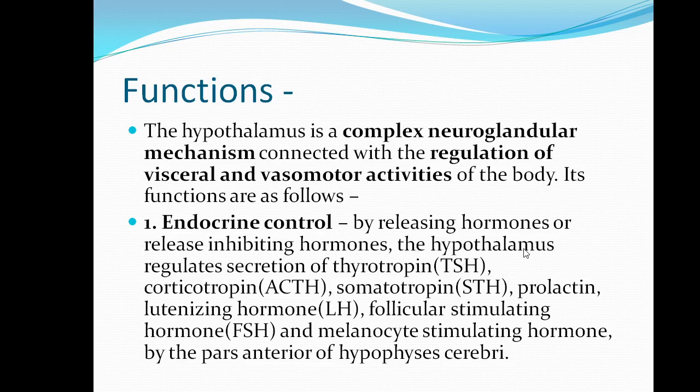The hypothalamus regulates secretions of the thyrotropin, that is the TSH, corticotropin, that is the ACTH, the somatotropin, that is the STH, the prolactin, the luteinizing hormone, that is the LH, the follicular stimulating hormone, that is the FSH, and melanocyte stimulating hormone by pars anterior of the hypophysis cerebri.